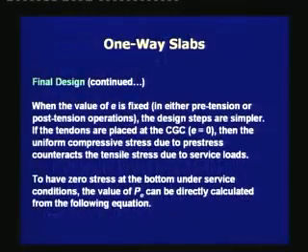In that case, there is a uniform compression in the slab, and this uniform compression counteracts the tensile stress that is generated due to the bending. To have 0 stress at the bottom under service conditions, the value of Pe can be directly calculated from the following equation.